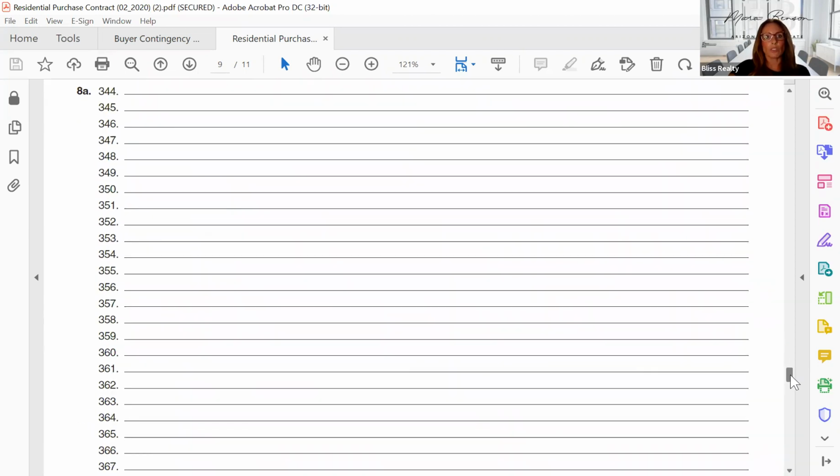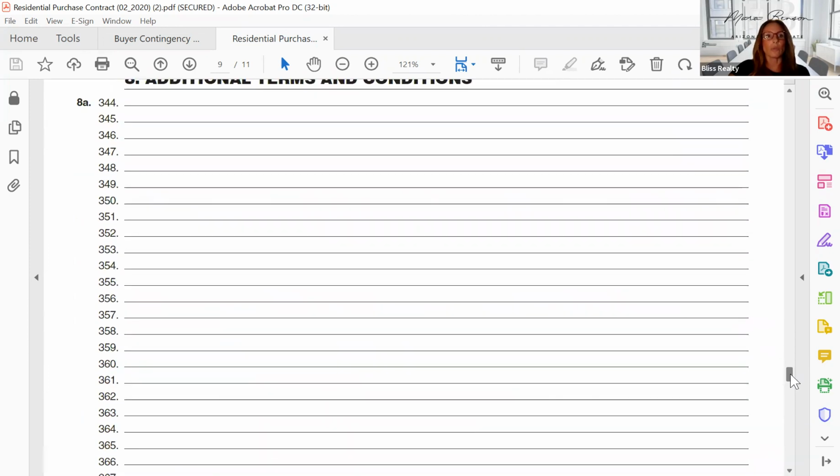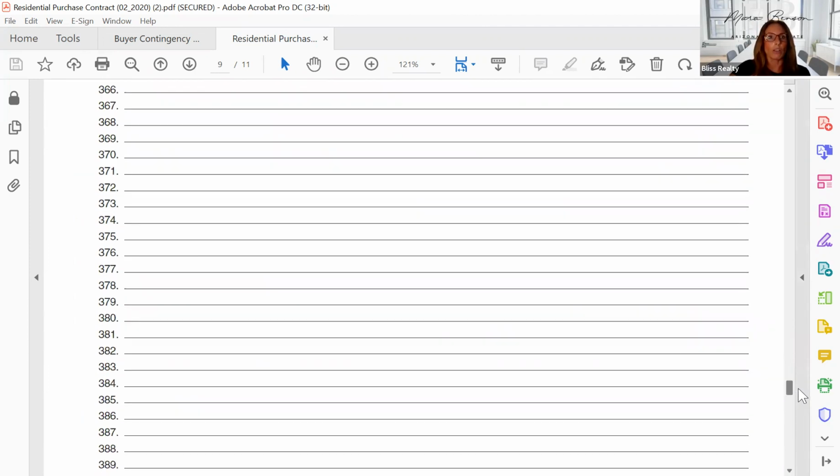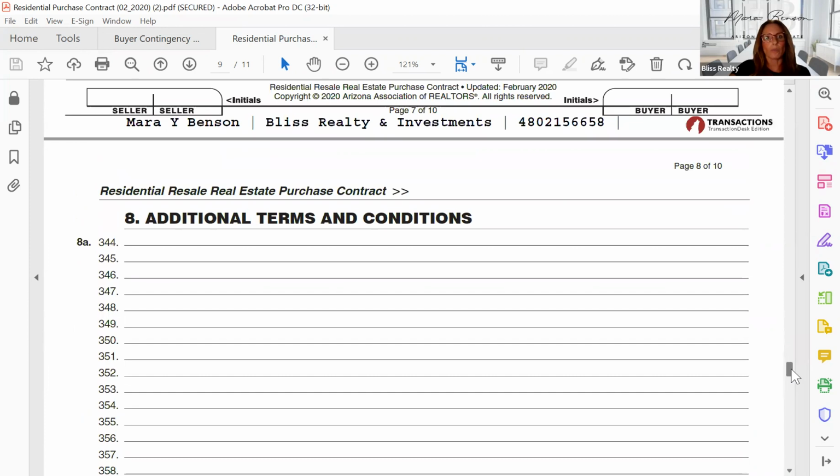Additional terms and conditions, this should always be blank. There is no reason this is filled out at all. We have additional forms that are attached for anything: our contingency, our additional clauses, backups, whatever. The only time this should be filled in is if you're related to the buyer or seller.